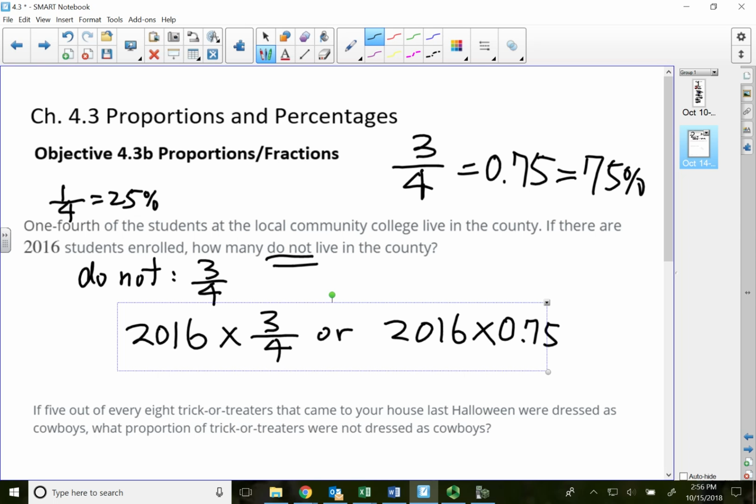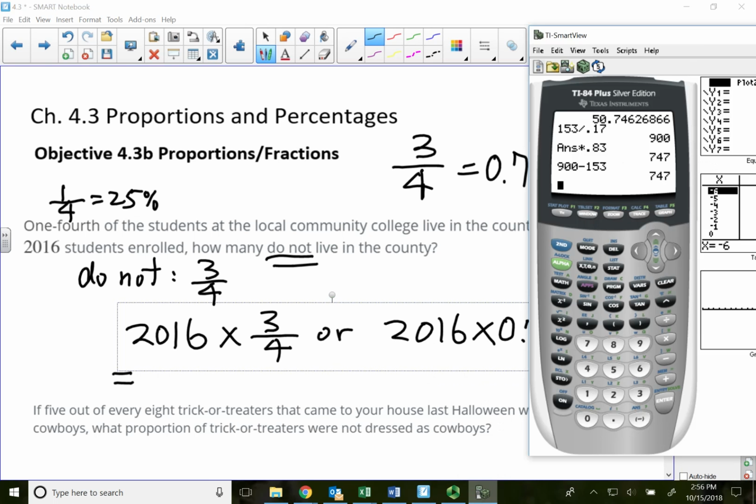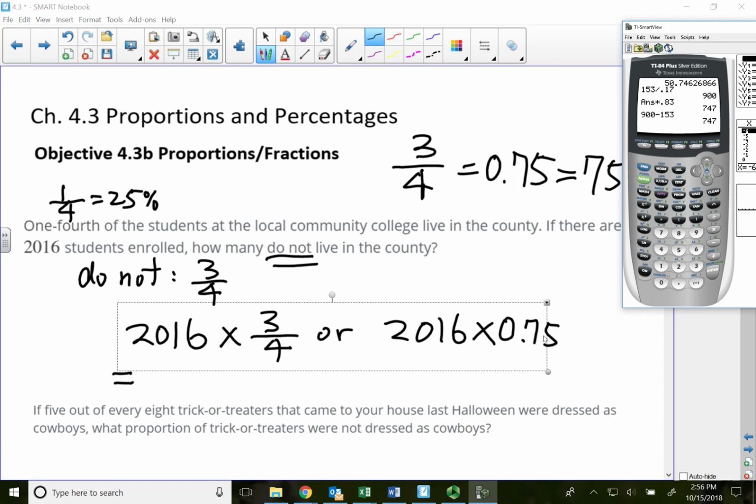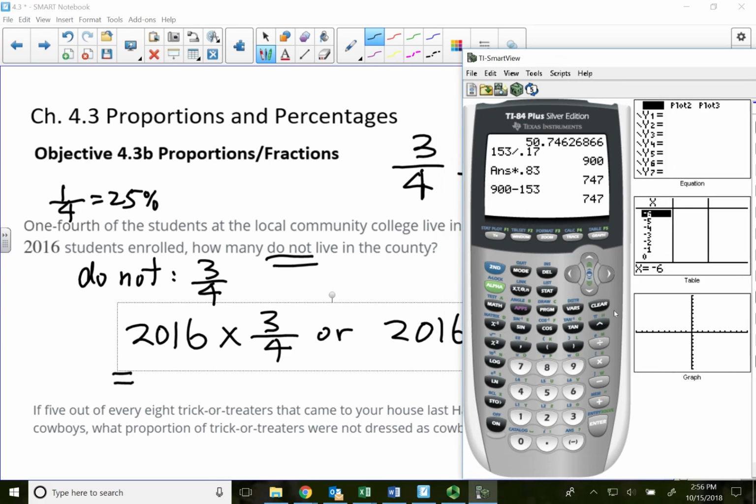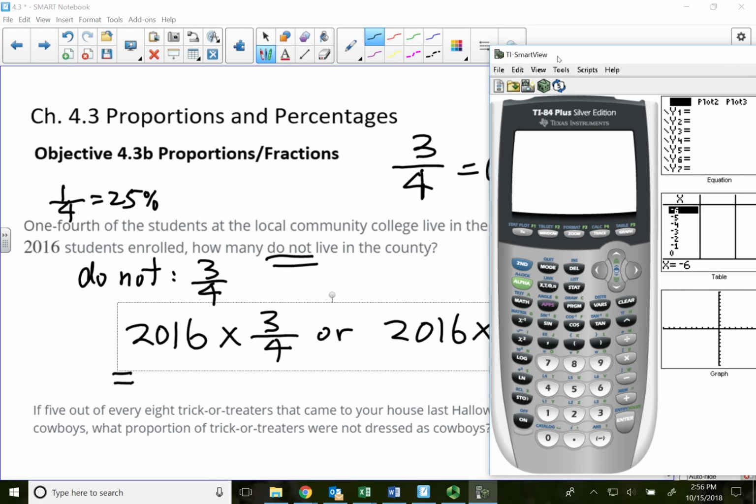That means I'm looking for the part. Part is equal to percent times the whole. Either way, I'm going to get the same answer. One is in percent notation, one is in fraction notation. That's why we learn how to convert between decimals, fractions, and percentages. They all mean the same thing, just in different notations.